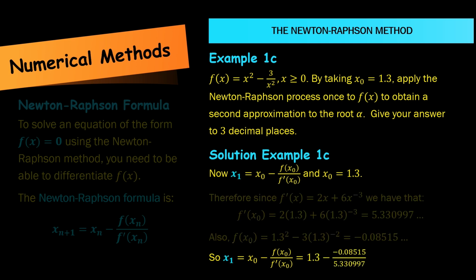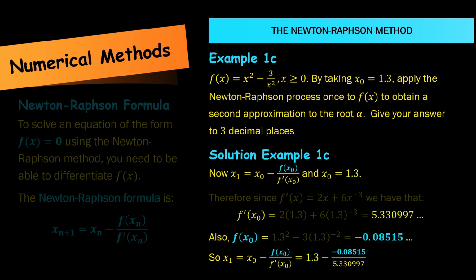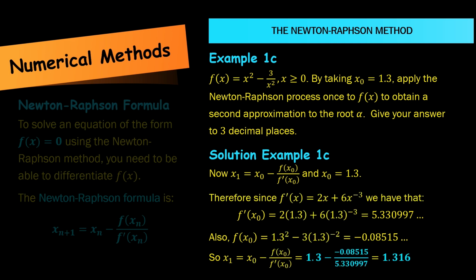So, plugging in all the values gives us that x1 equals 1.3 minus 0.08515 divided by 5.330997, to give us that x1 equals 1.316.